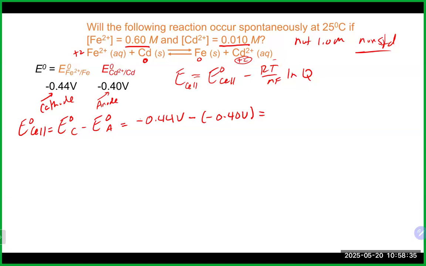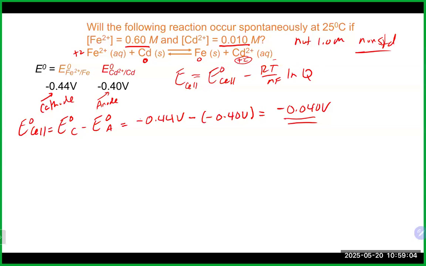And that's not giving us much left, but we will end up with negative 0.04 volts. So under standard conditions, this reaction is not spontaneous, right? Because we do have a negative value here for our voltage.